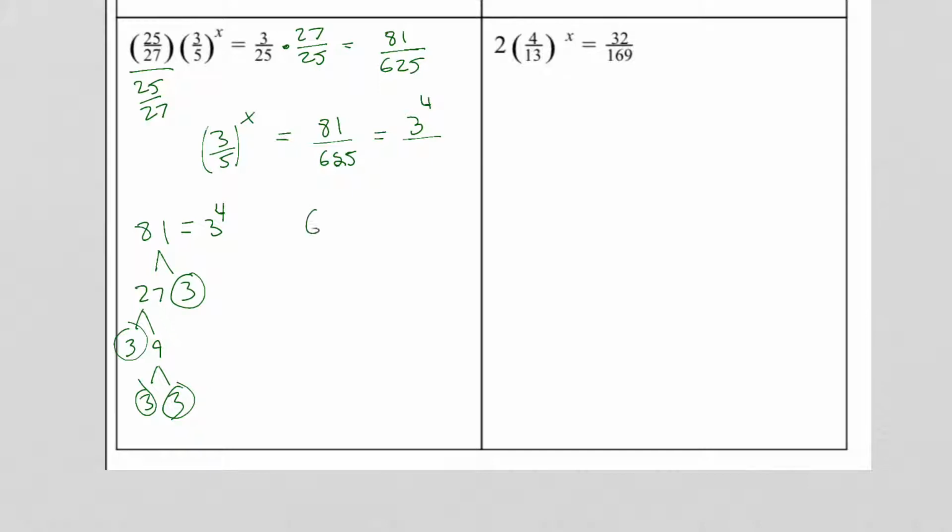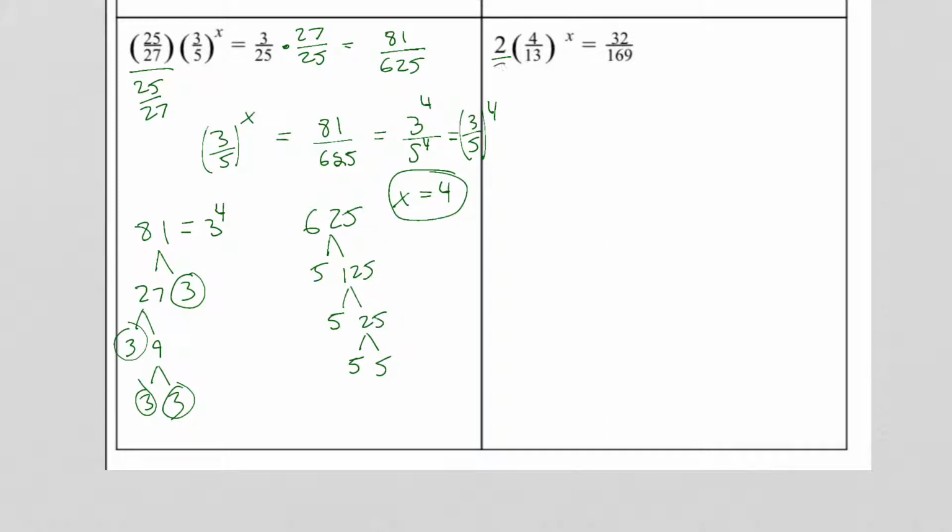Now let's see 625. You've got 5 and 125, 5 and 25, 5 and 5. 5 to the 4th power. So you get 3/5 to the 4th power, making x equal to 4.